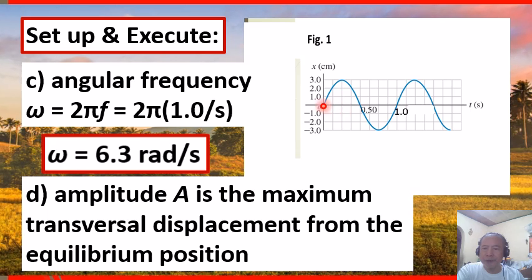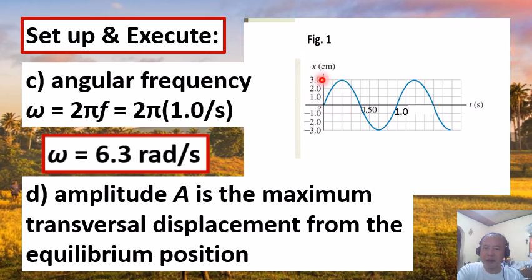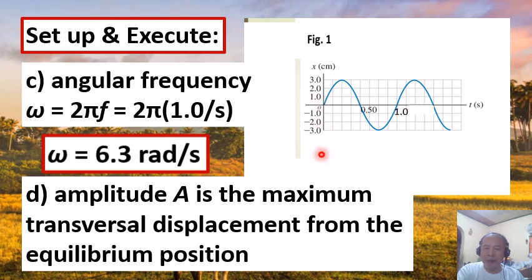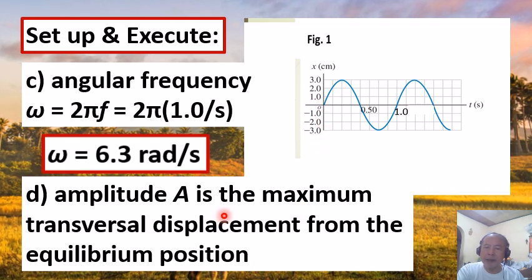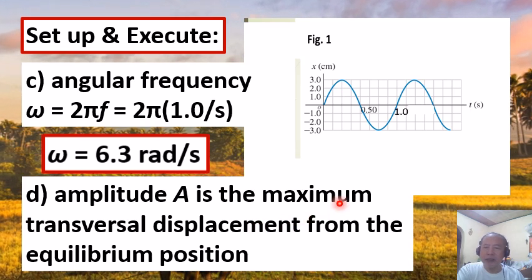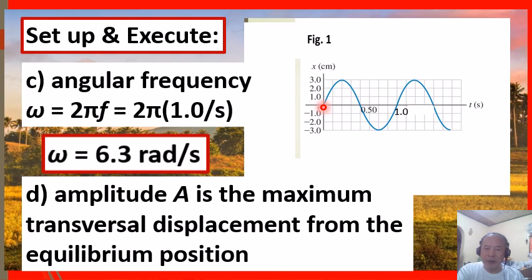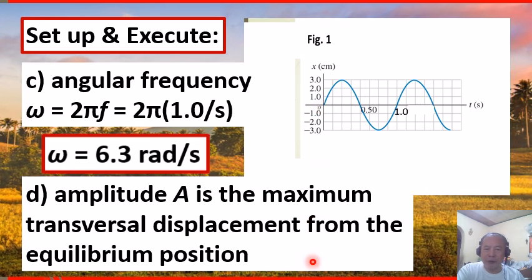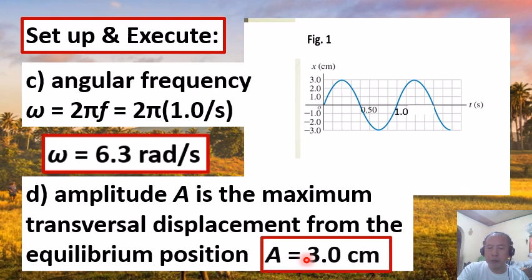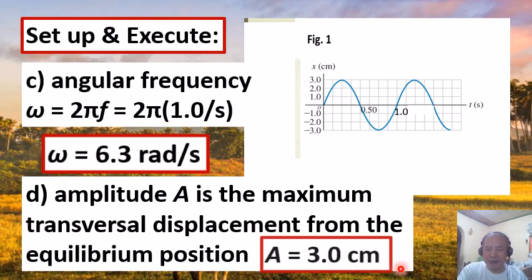It's either the maximum positive displacement or the maximum negative displacement, but we are only interested in the magnitude of the positive or the negative displacement. Therefore, the amplitude of oscillation is equal to 3.0 centimeters.